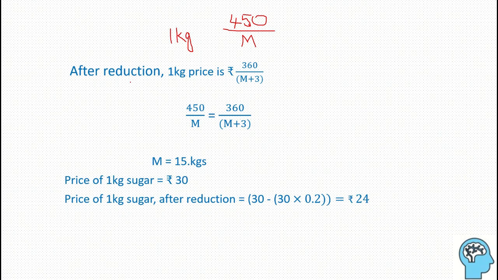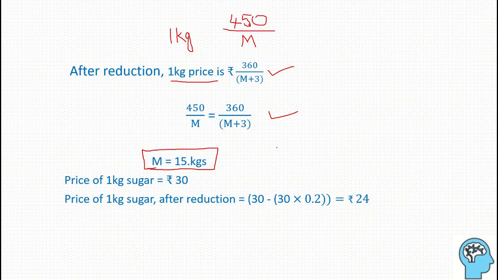Now after reduction, 1 kg of sugar is costing 360 by m plus 3. So to find out m, you can just equate these two. 450 by m is equal to 360 by m plus 3. After simplification, the answer is 15 kgs.